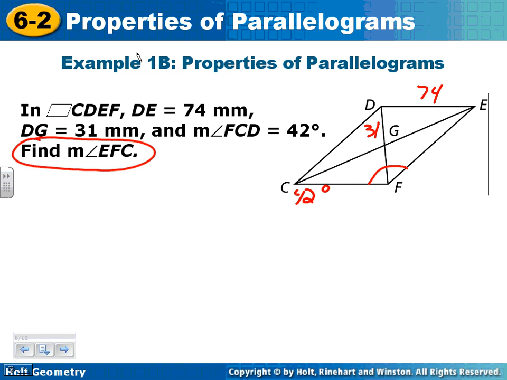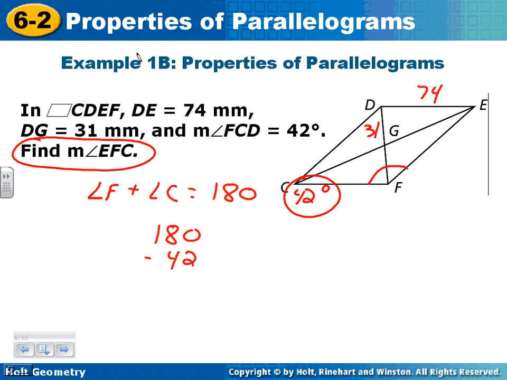Well, the only measure I know is this 42. So angle F and angle C are consecutive. So they add up to 180. So what I must do here is take 180 and subtract the 42.